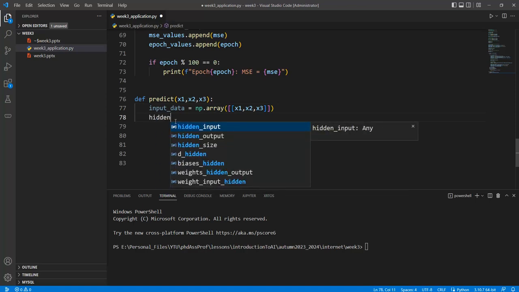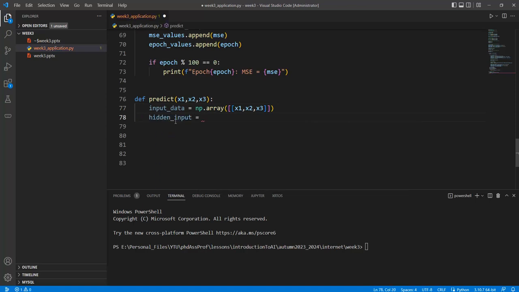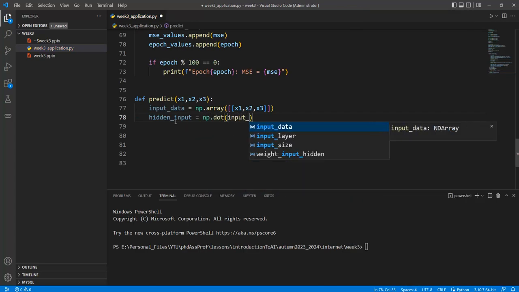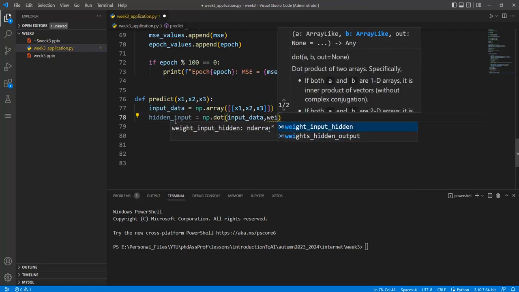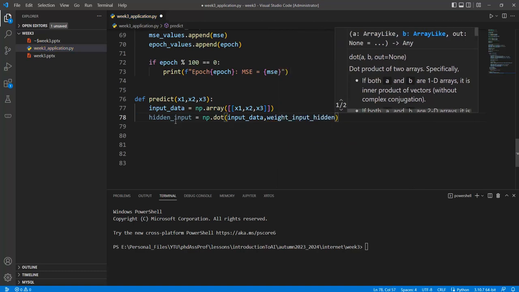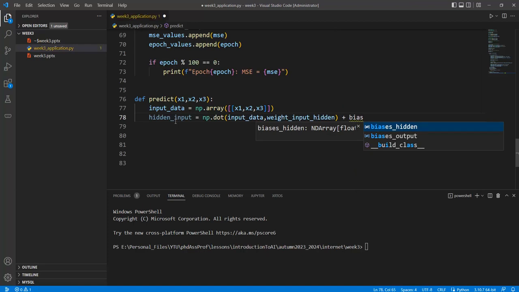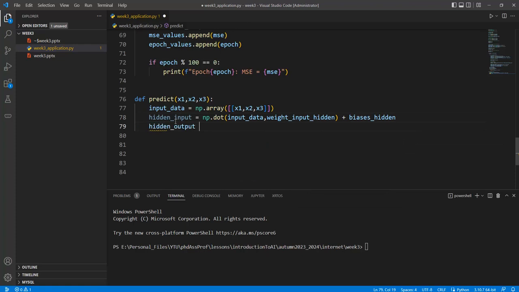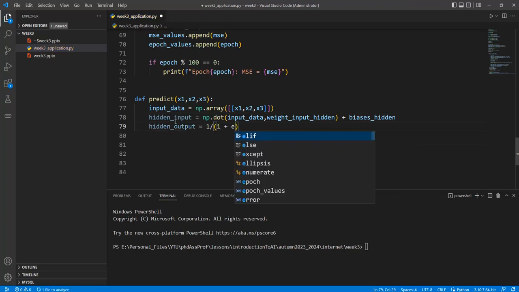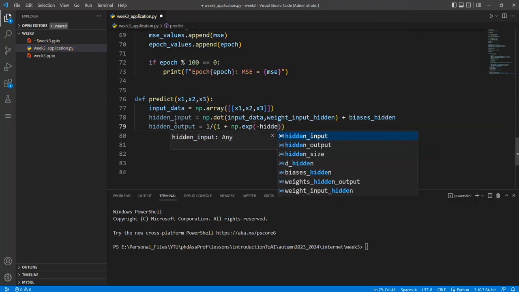And so hidden input should be assigned to the np.dot of the input data times weights input hidden, plus biases hidden. And hidden output should be equal to 1 divided by 1 plus np.exp of minus hidden input.